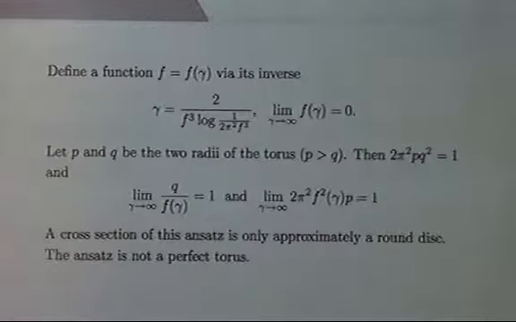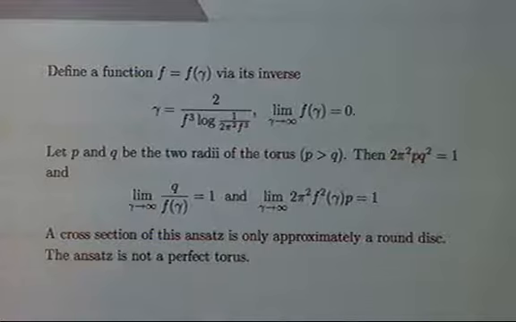We can also say something about the 2 radii of this torus. It's not exactly a torus, it's a perturbed torus, but still, we can define a number f, which depends on gamma, f of gamma, by this formula, by its inverse.